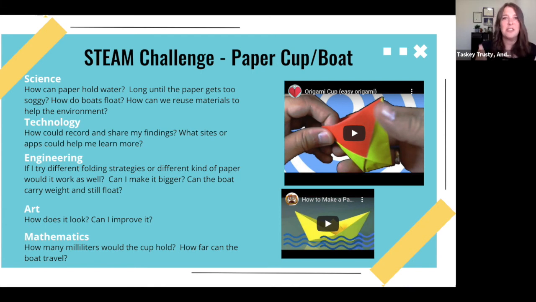And again, these are just some videos that I'm recommending in this presentation, but the more you go out there and look on YouTube, different kind of videos, different ways to fold things, different resources, have the students compare, have tried different strategy to make a cup or a boat, and see how they compare.